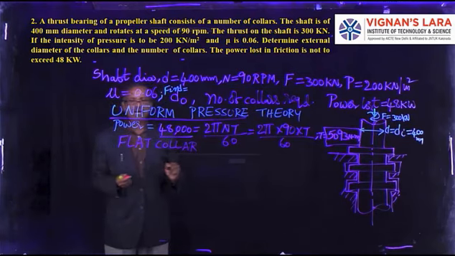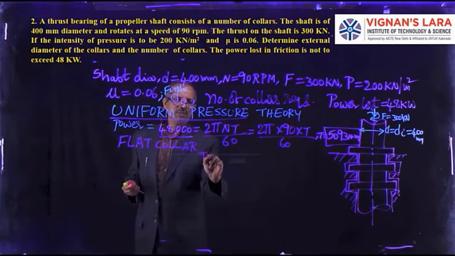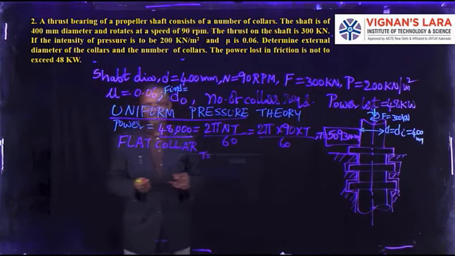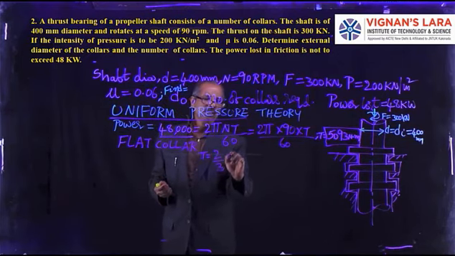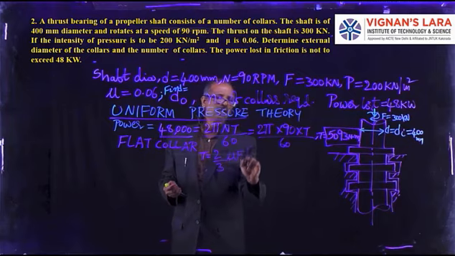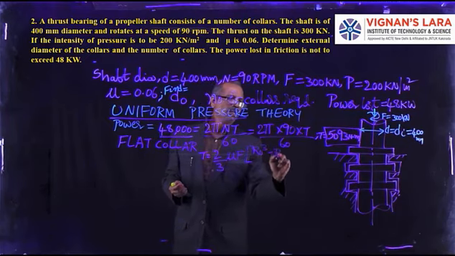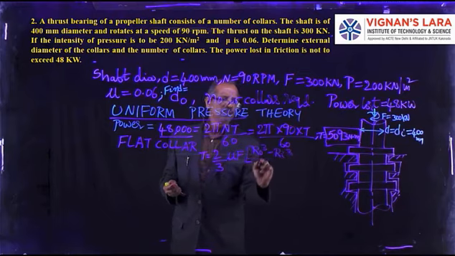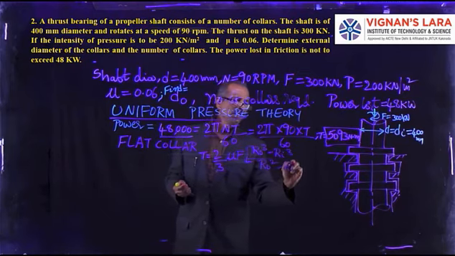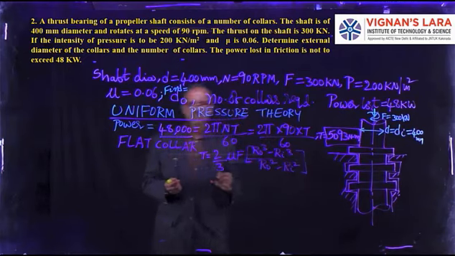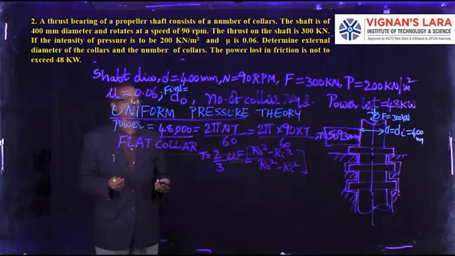Then the torque transmitted or the torque lost, whatever it may be, T, is given by the equation 2/3 μ W (R naught cube minus Ri cube) by (R naught square minus Ri square). This is the basic equation which we are very familiar with.